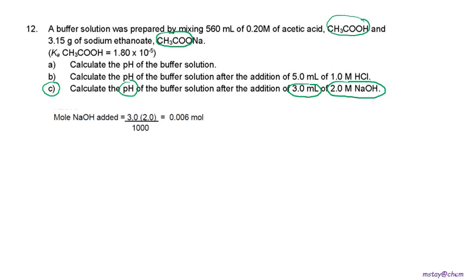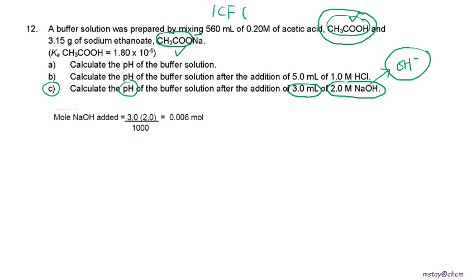When we add in the NaOH solution, the OH negative will react with either CH3COOH or CH3COO negative. Because negative and negative will not react with each other, the OH negative will basically react with the CH3COOH.